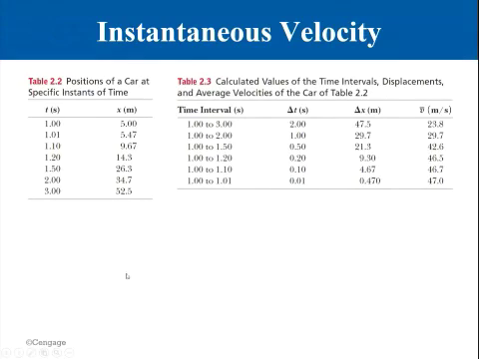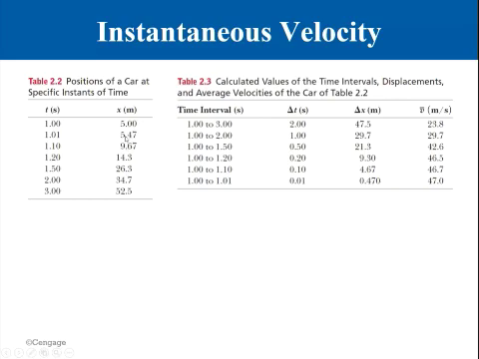Very well. Here we have some data for the instantaneous velocity. So when t was 1 second, x was 5. When t is 1.01, you see just a slight change in time, now it is 5.47. When t is 1.1 seconds, now it is 9.67, and so on and so forth. There is irregular change in the values of x with time.